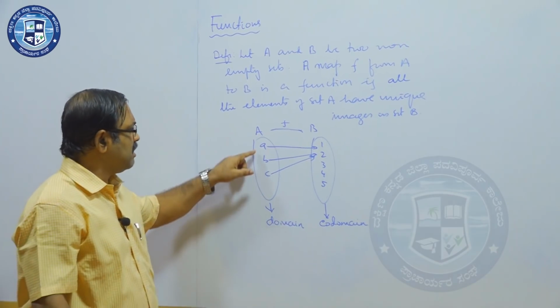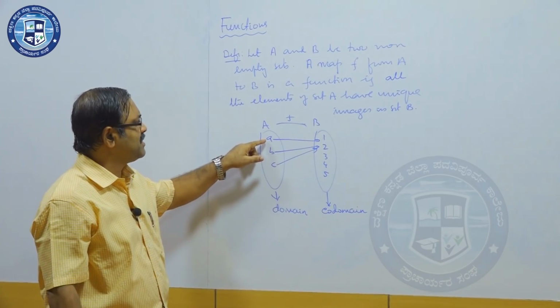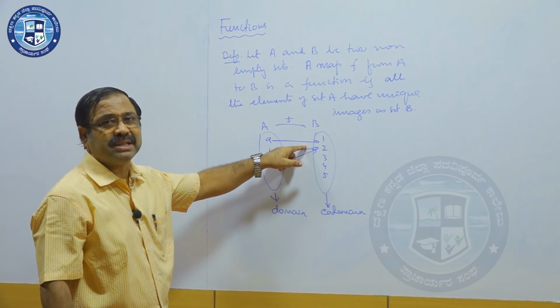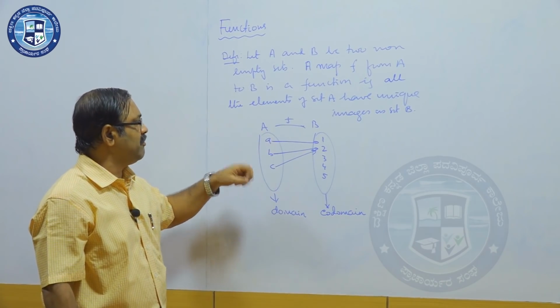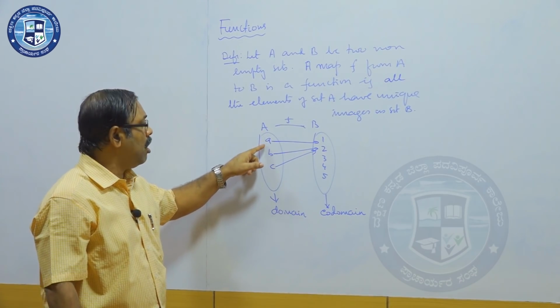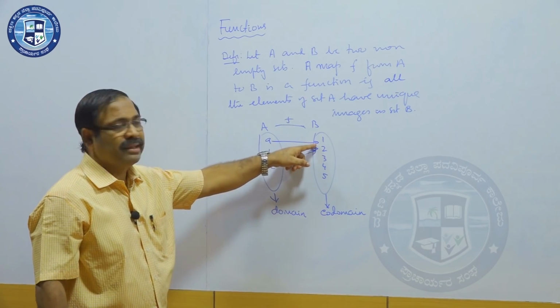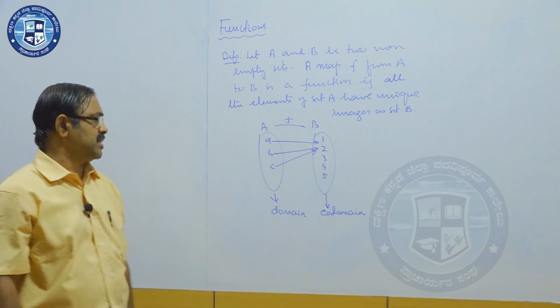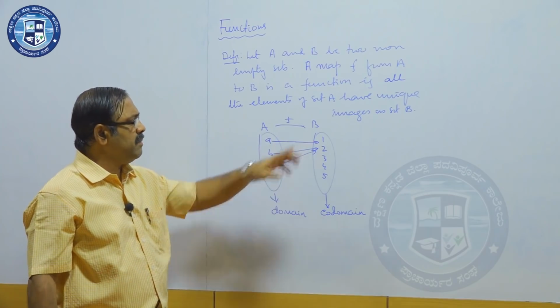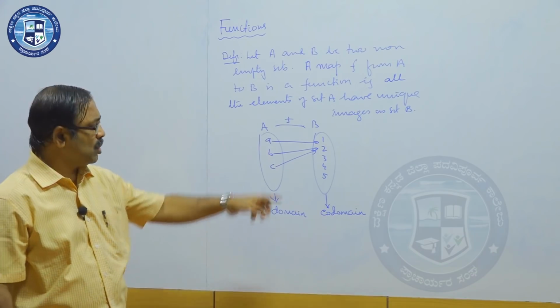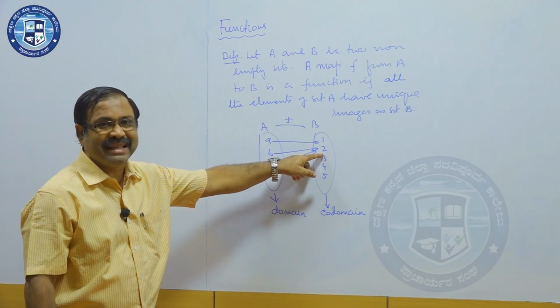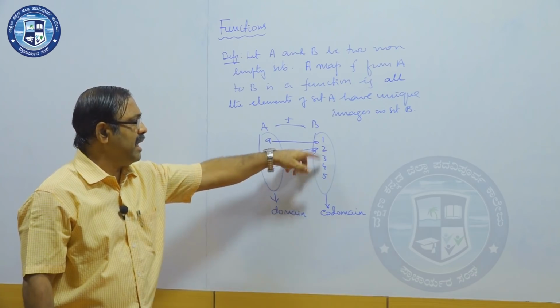A function means elements of set A are mapped onto elements of set B under this map f. This map f is said to be a function only when all the elements of set A have unique images. See here, A has got image 1, B has got image 2, C has got image 2. So the elements 1, 2 form the range set, the range elements.